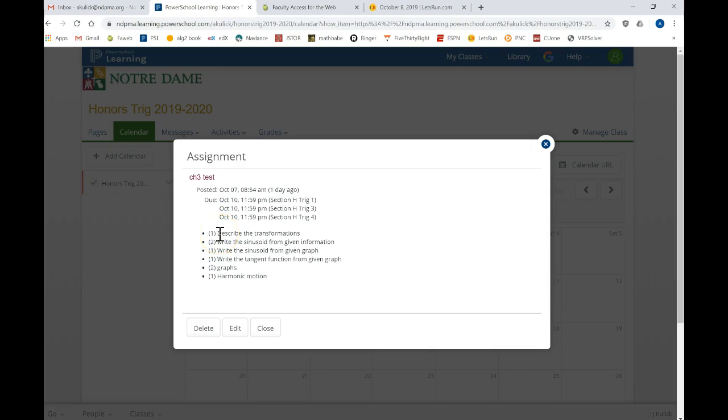Two questions where we write the sinusoid from the given information, just like the one that we just got done doing. One question where we write the sinusoid from a graph. We did that in the homework. We had a worksheet doing that. One question where we write the tangent function from the graph. We did that in the homework. Two graphing problems and one harmonic motion problem. I think there's 9 total, maybe. 8, okay.